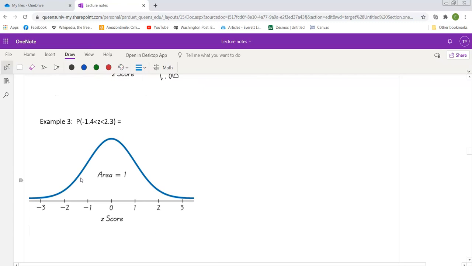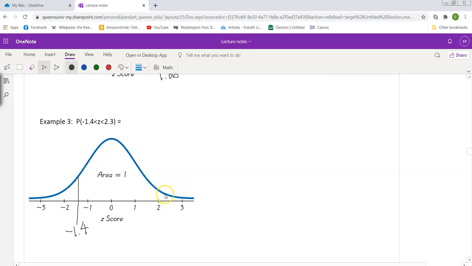So if I want to find the area between negative 1.4 and 2.3, let me sketch this here. So negative 1.4 is right about here.